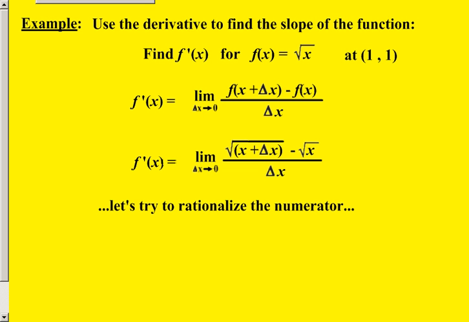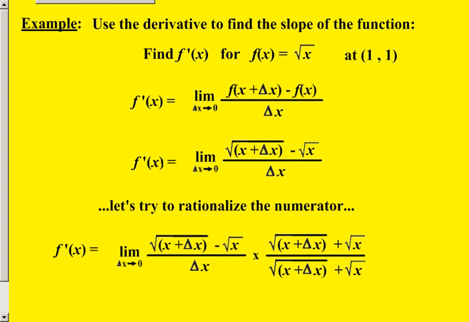In this case, the binomial is in the numerator, so we're going to try to rationalize the numerator. And the way that we rationalize it is we hit the term, in this case the numerator, with its conjugate. So if we have the square root of x plus delta x minus the square root of x, one of the strategies we can employ is to multiply it by the exact same binomial, only the conjugate, so change the sign in between them: square root of x plus delta x plus the square root of x.